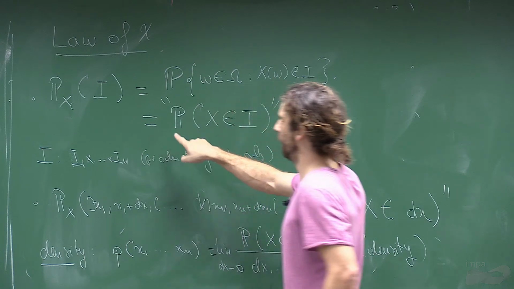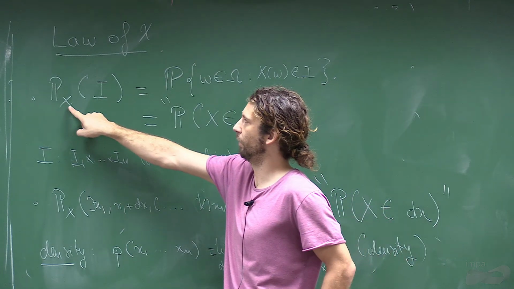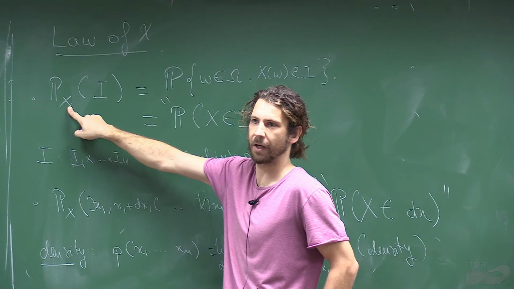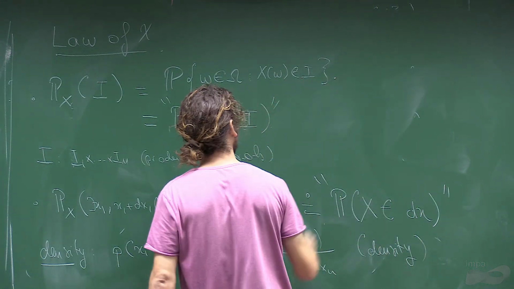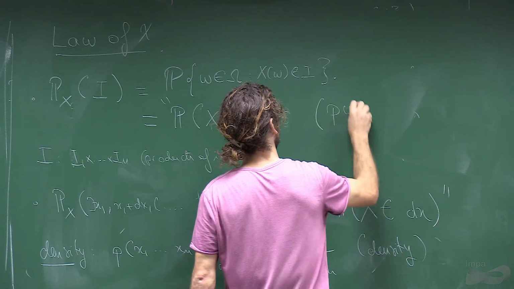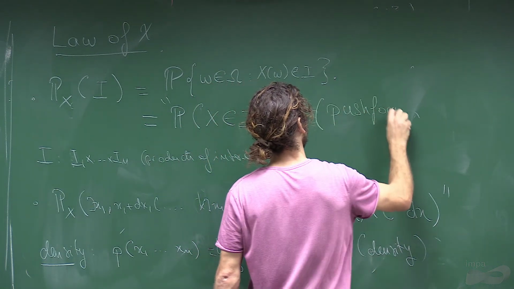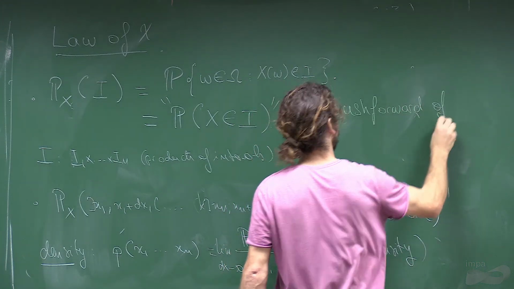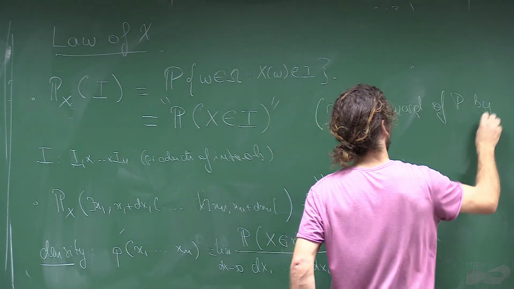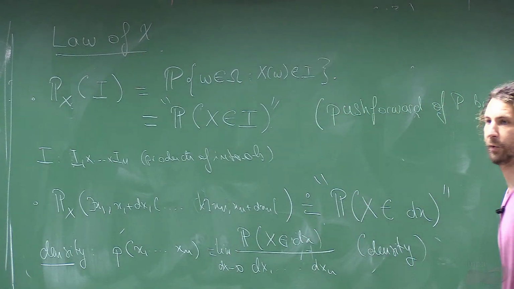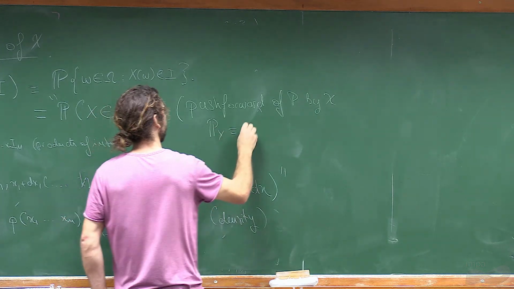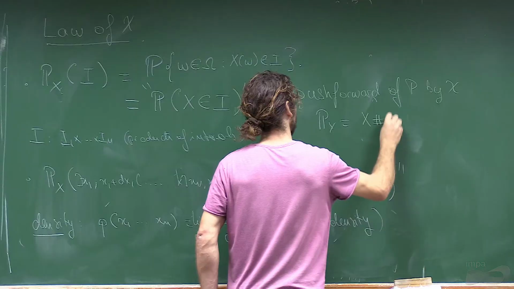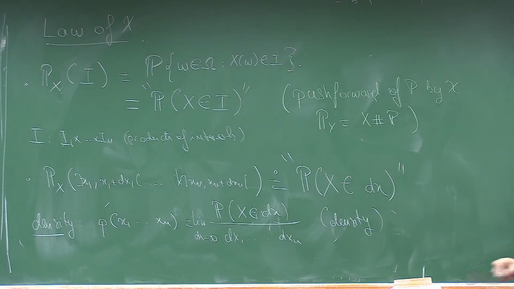This law of X, Px, is sometimes called the push forward of P by X, and it is sometimes written as X sharp P. It's a notation which is quite often used.